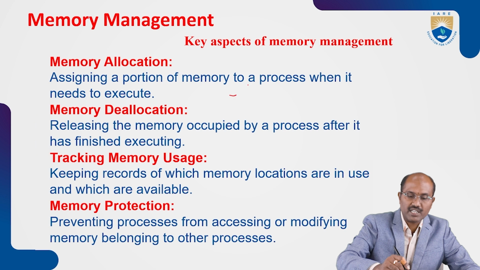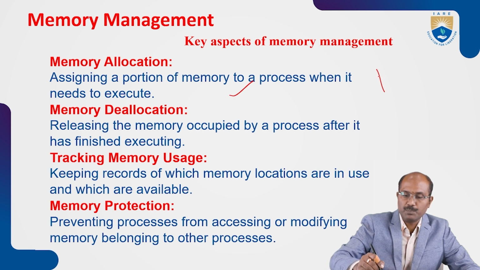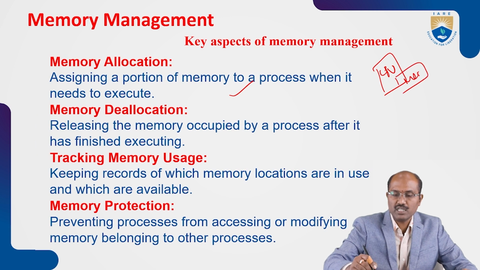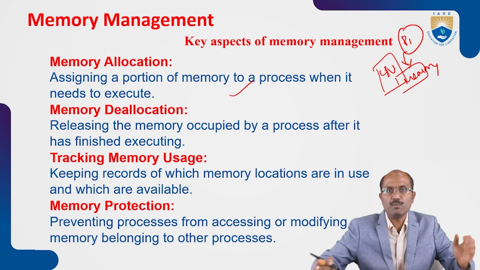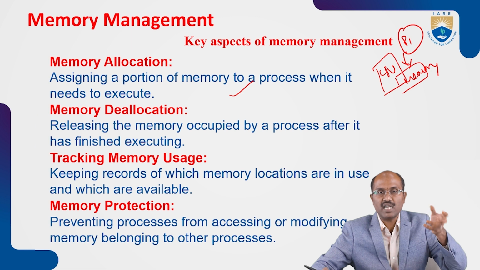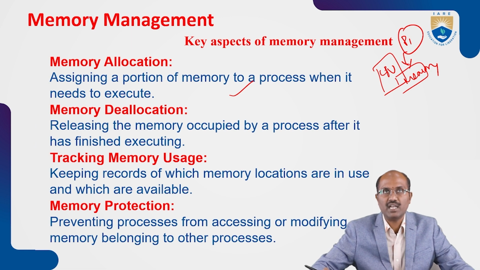There is a CPU, and in it a memory unit. This memory unit has the process that is allocated to memory. When the process needs to execute in memory, that is the strategy of memory allocation.